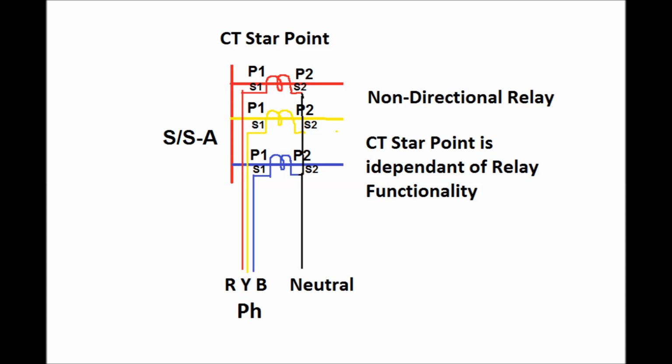And on the secondary side also, S1 of red phase, yellow phase and blue phase are connected with proper polarity. Although the polarity does not affect the functionality of the relay, it should be ensured that the CT polarity of all three phase CTs is in order.